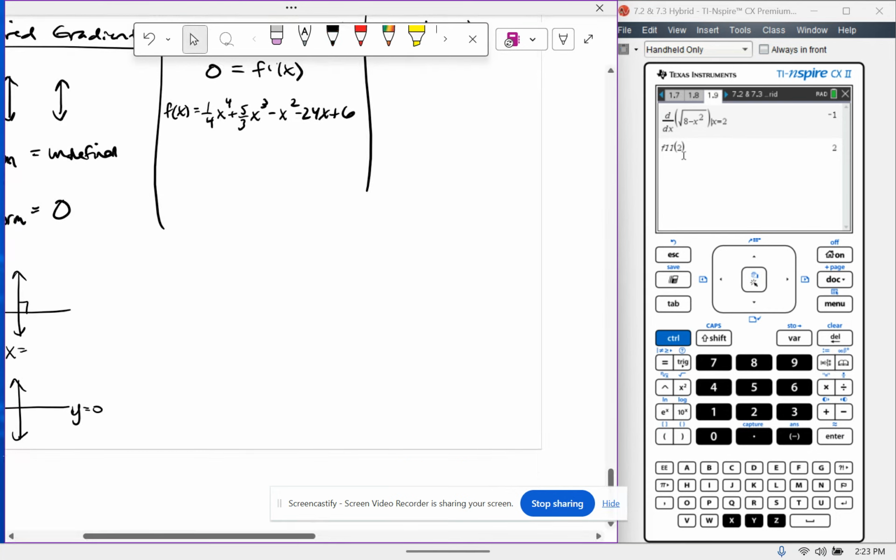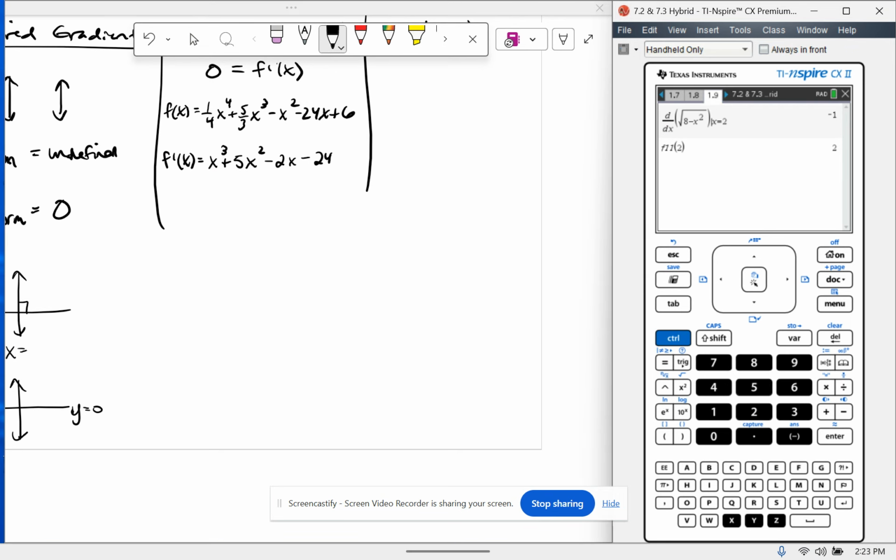Okay, and then now I can take the derivative. 4 over 4 reduces to 1. I now have x to the 3rd plus, oh, this is 5x squared. These are nice, these kind of drop down. Okay. Minus 2x minus 24. Okay. So if I wanted to solve this by hand, that would probably take me a while.